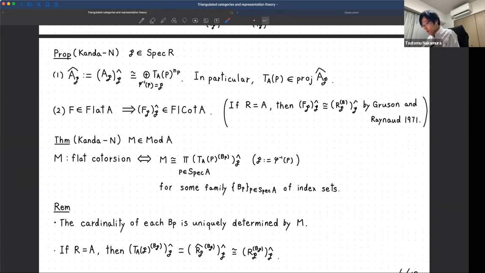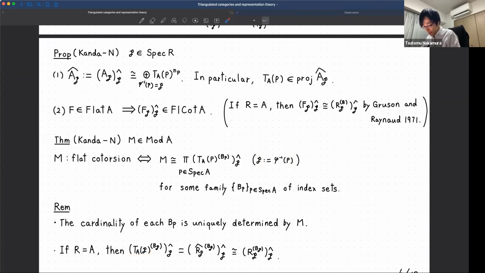And I'd like to also emphasize that this theorem actually recovers Enochs' result, because if we regard A as R, then we may identify the pre-image p with P in this case. And this was the Matlis dual of an injective envelope.